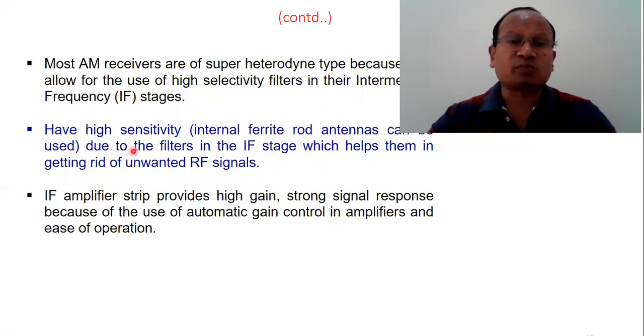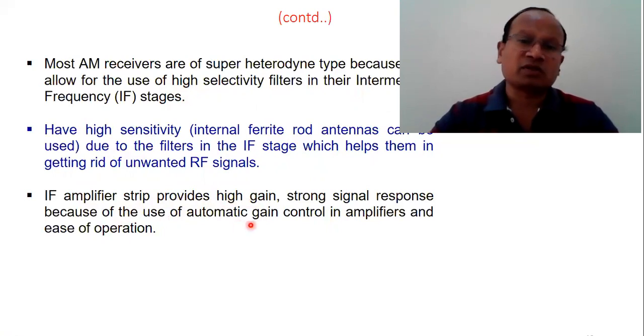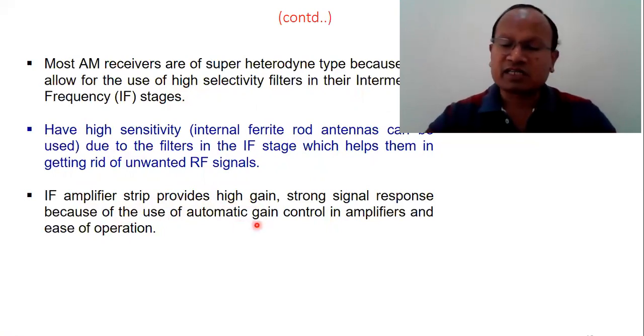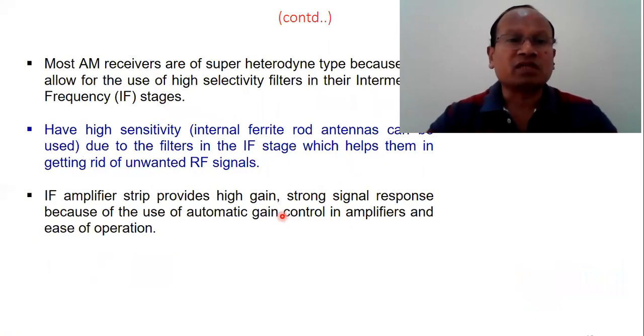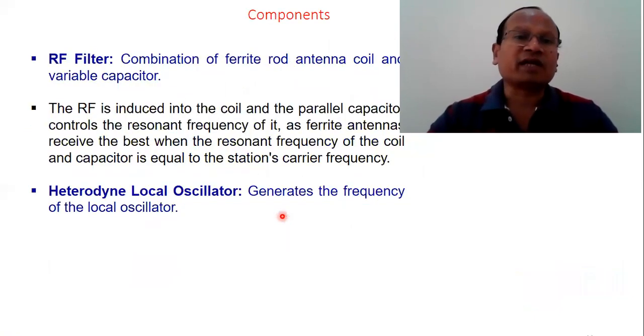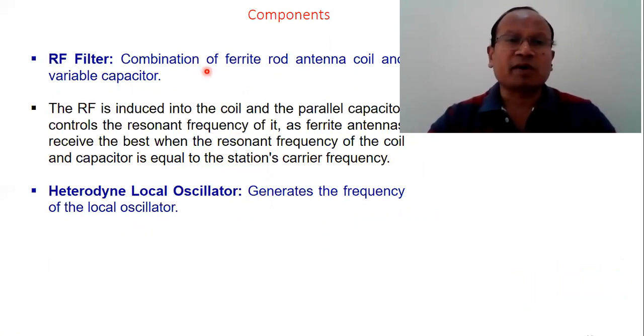High sensitivity is provided by the RF stage, and the IF stage is used to provide selectivity. The IF amplifier stages provide high gain and strong signal response because of the use of automatic gain control. I have already explained that automatic gain control is there so that a proper response without any variation can be obtained. RF filter, this is some kind of physics of the RF filter.